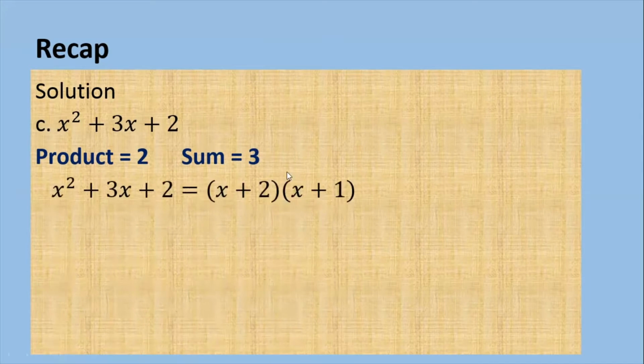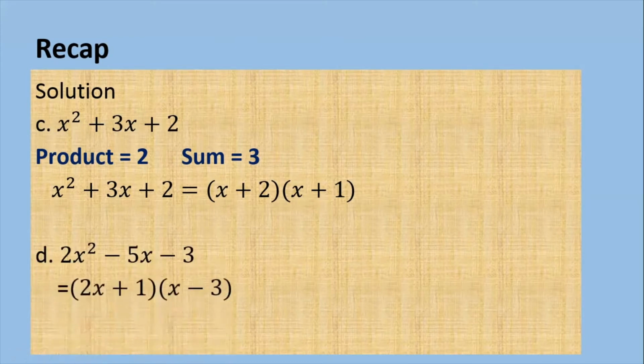Therefore, x squared plus 3x plus 2 will be x plus 2 multiplied by x plus 1. And part D, 2x squared minus 5x minus 3, will be 2x plus 1 multiplied by x minus 3. If this is not clear, go through your notes again. You've done it in mathematics grade 10 and you've done it as well in grade 9.